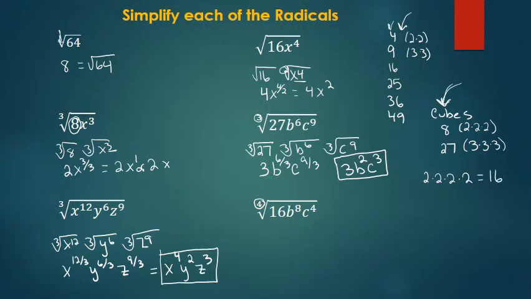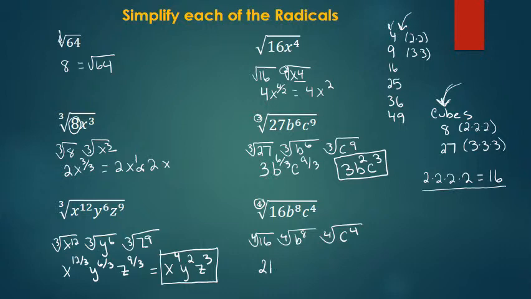So I'm going to do the same thing and separate these: the fourth root of 16, the fourth root of b to the 8, and the fourth root of c to the 4. As I showed up here, the fourth root of 16 is 2, because that's the number that I repeatedly multiply to get to 16.